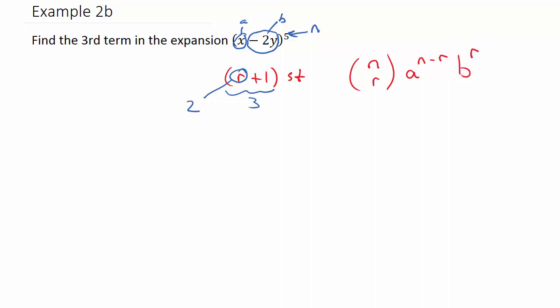So let's see what we've got. The third term is combination n choose r, times a, which is x, to the n minus r, so that's 5 minus 2, times b, which is negative 2y, to the r, and r is 2.